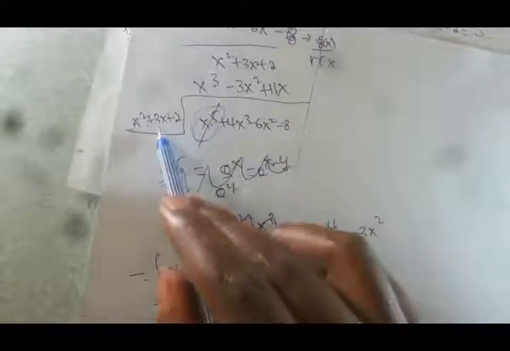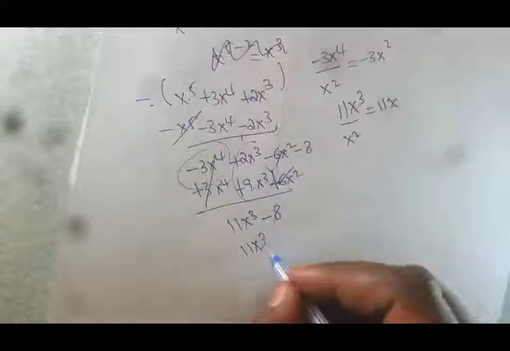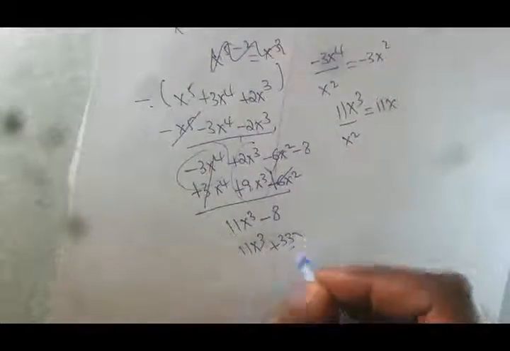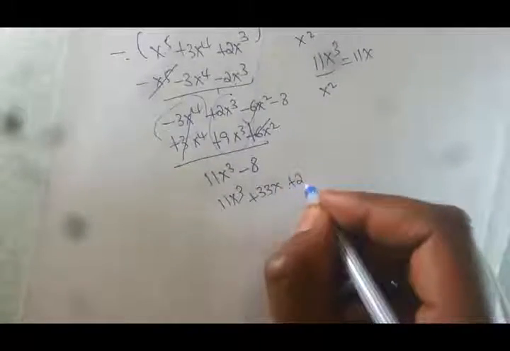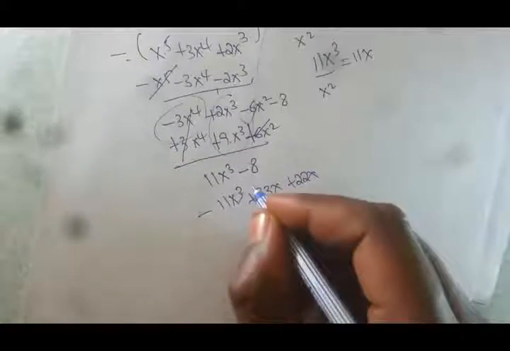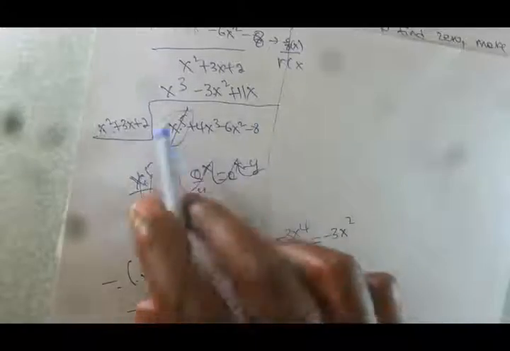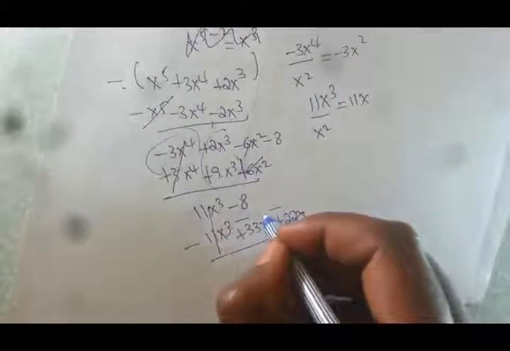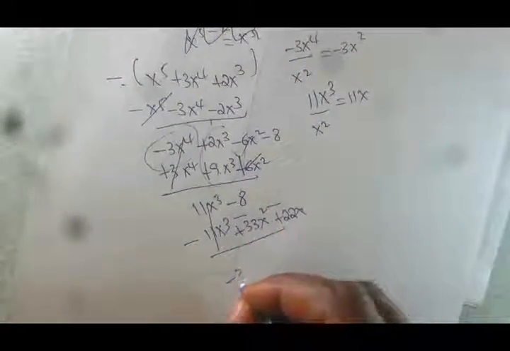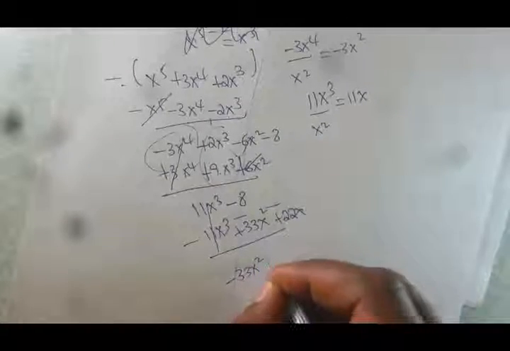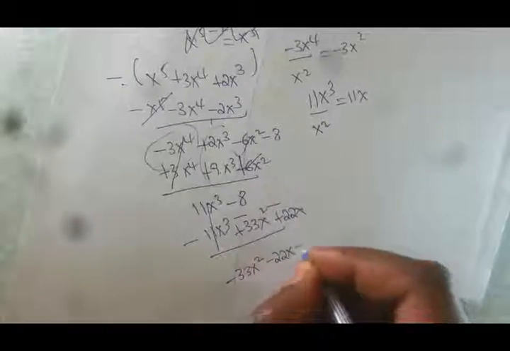When 11x is multiplied by 3x, it becomes plus 33x squared. When 11x is multiplied by 2, we get 22x, therefore this is negative. This will be cancelled, and 11x times 3x is 33x squared. Therefore minus 33x squared minus 22x minus 8.